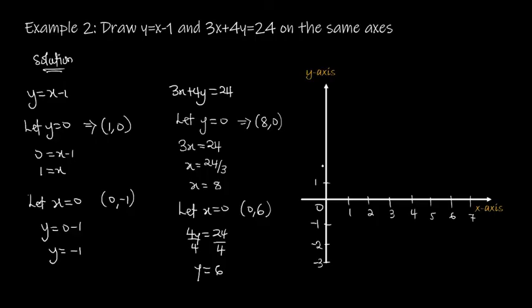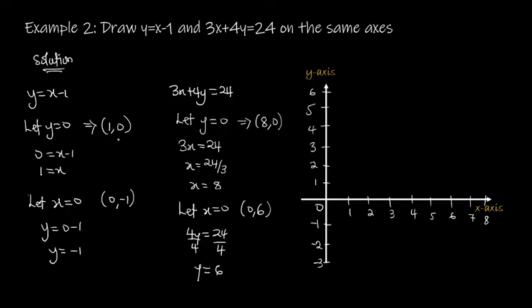I have here 1, 2, 3, 4, 5, and 6. Okay, so this is 8, and okay, so the next thing I do is to plot them equation by equation.